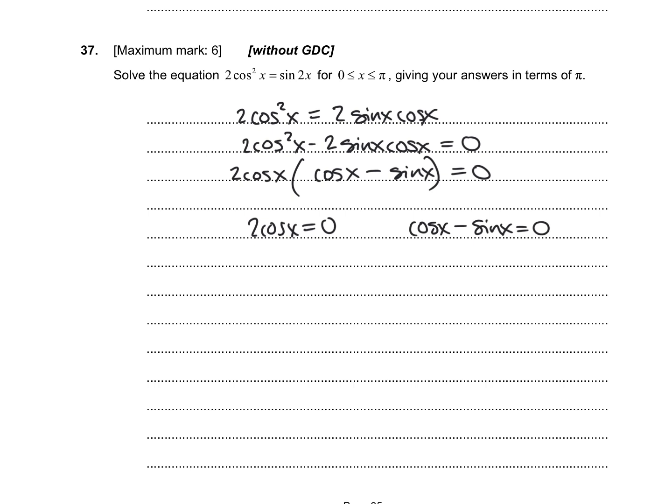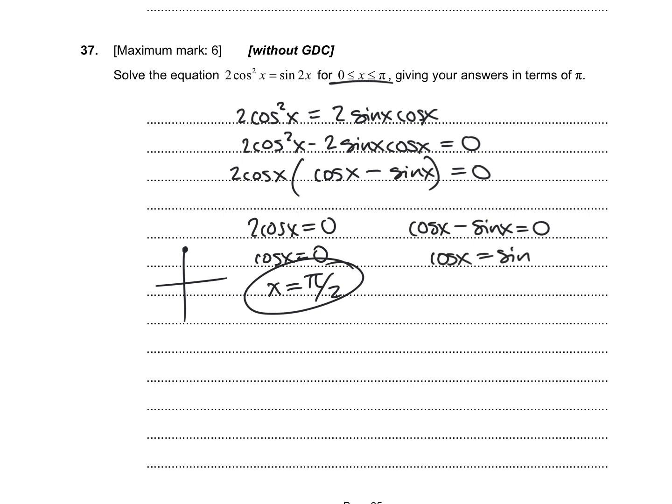So now, cosine x is 0. This is from 0 to pi. We've already done this. Cosine 0 is here, and since we're just between pi, that's our only answer. Okay. Now here, this is going to be tangent. So if we divide by cosine, we get 1 on this side, sine x over cosine here, and that's tangent.